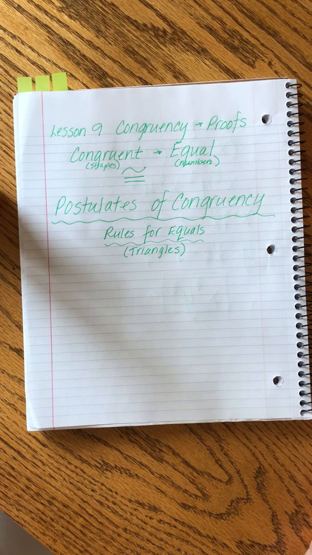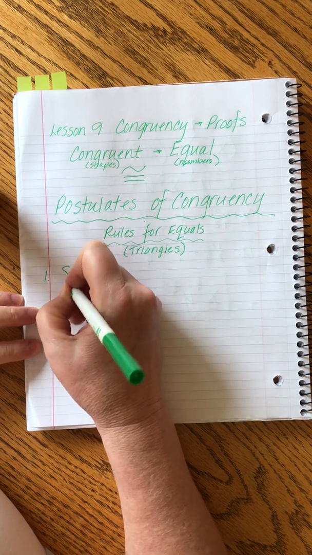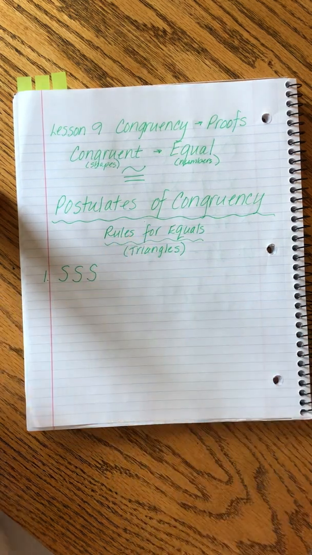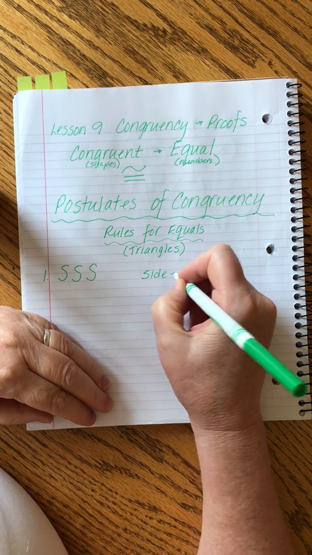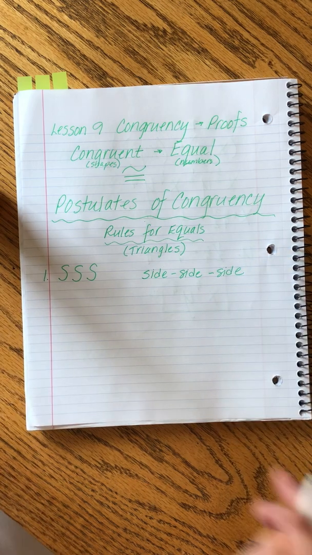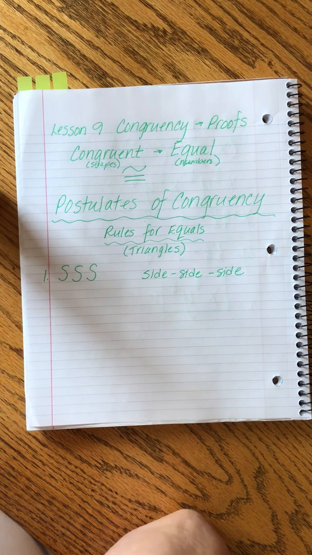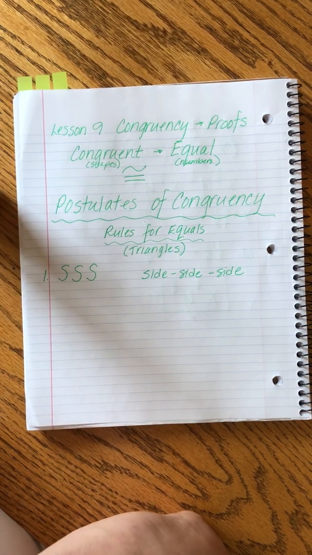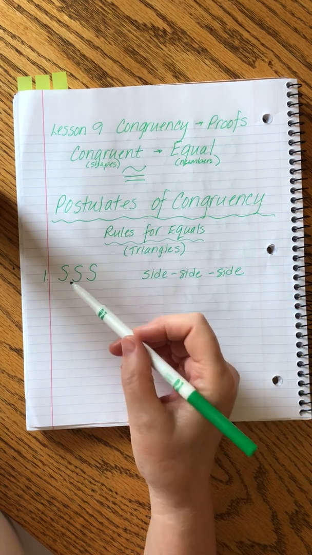The first rule for equality, or postulate of congruency, we call side, side, side. The S stands for side. What it means is that if we can prove that two triangles have the same length on all 3 sides, that means they have to be equal.